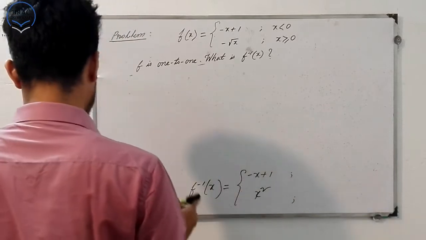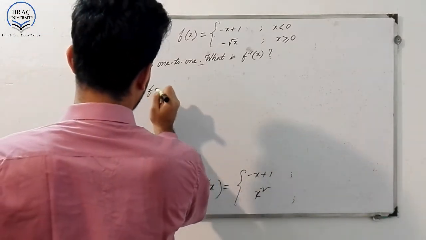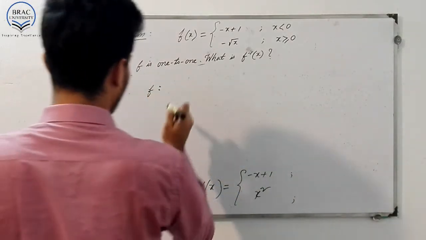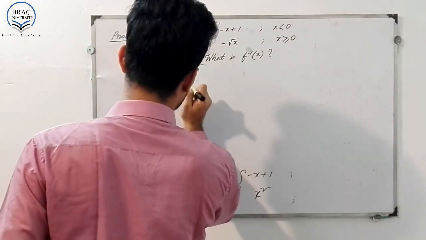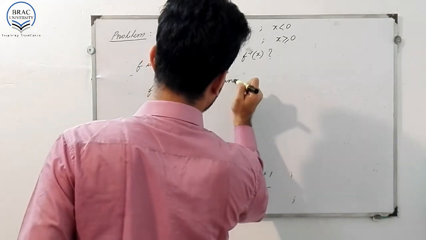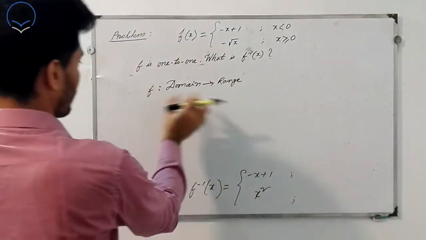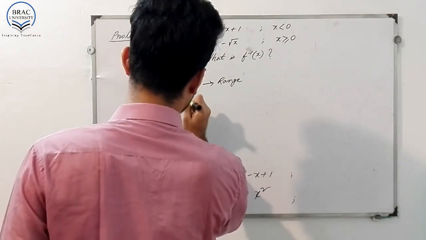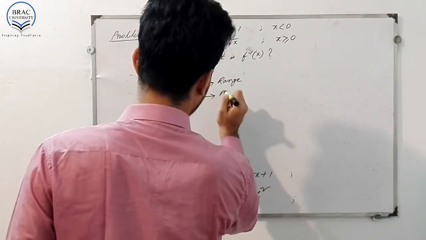So see that for the function f, we can go from domain to its range. That's for f. Let's call it a goes to b.